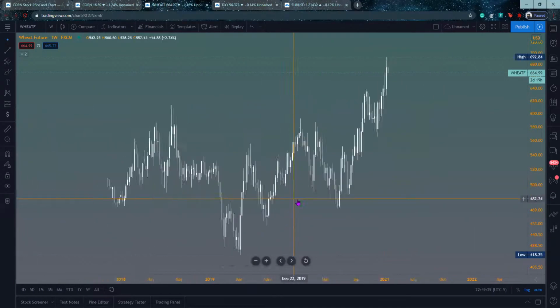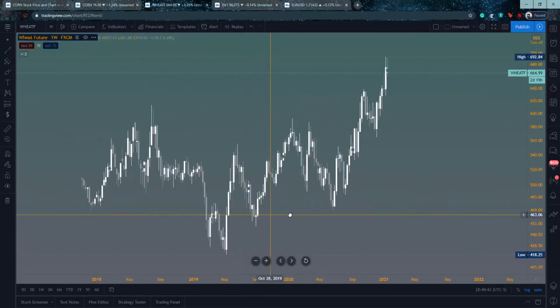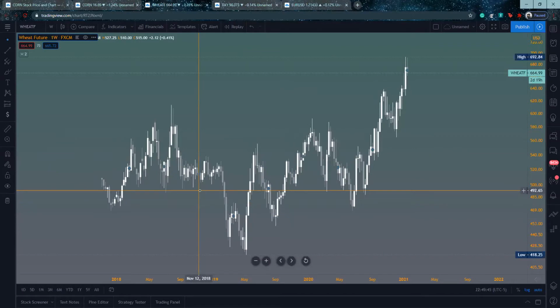Look at this. This is classic accumulation. Wheat futures are in classic accumulation. If this is not a telling of what's going to happen to the dollar, I really don't know what is. Because one contract of wheat futures is expensive.